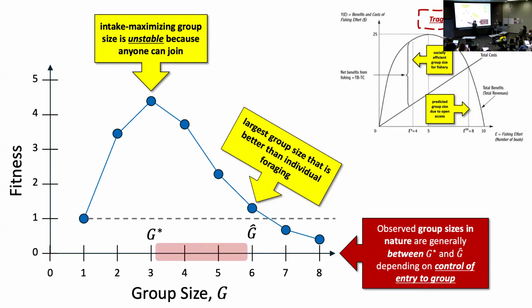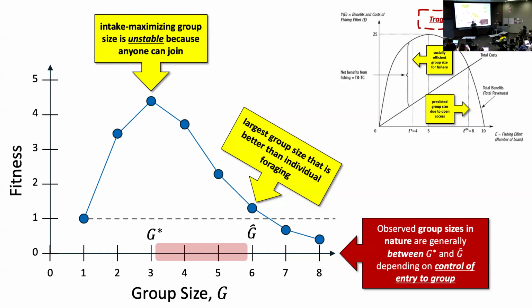What's the difference here? The groups that are closer to G star are ones where the first individual that can get in, or the first set of individuals that can get in, end up preventing others from coming in. So they're able to monopolize the resource. They have strong resource holding potential. And so they can manage the G star. In the fisheries case, if you own the fishery, you tend to not overfish it. That's the exact same thing that's happening here.